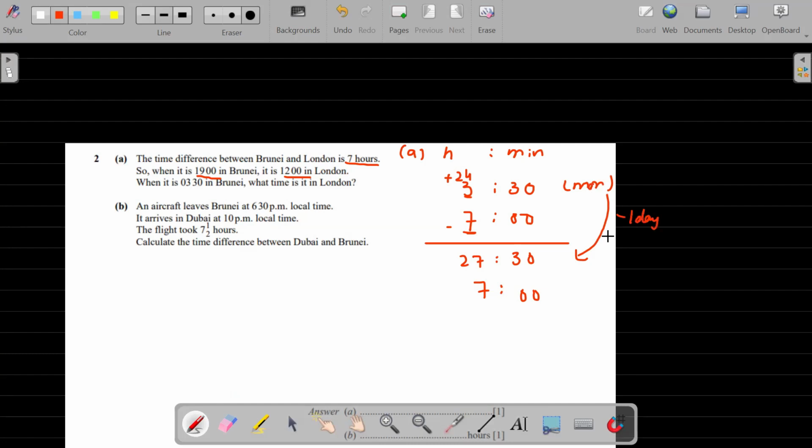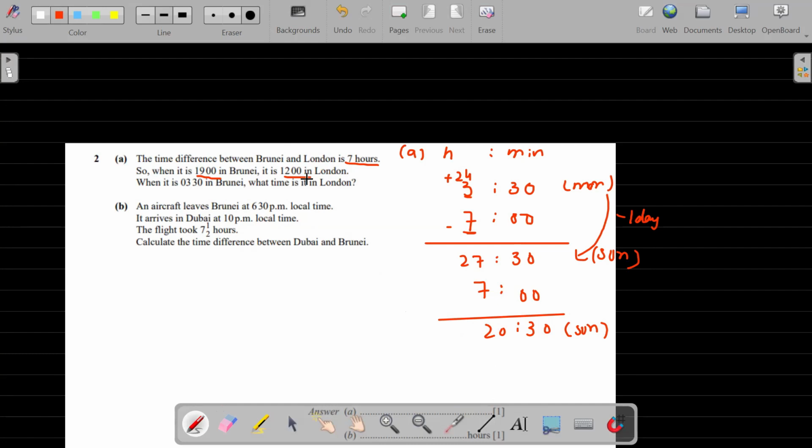Suppose it was Monday, then before Monday it will be Sunday. So that day will be Sunday now, and my answer will be 20:30. What time is it in London? It will be 20:30 of Sunday.